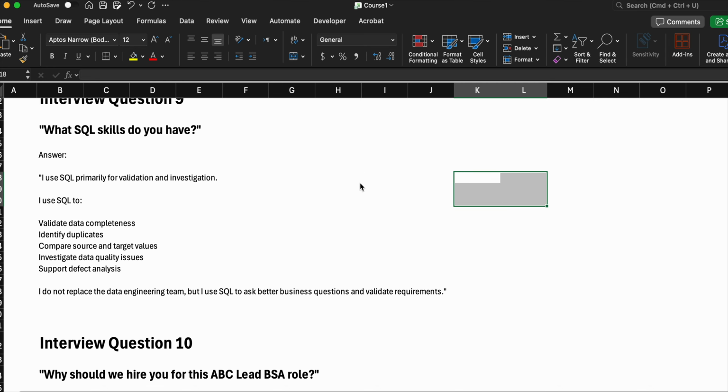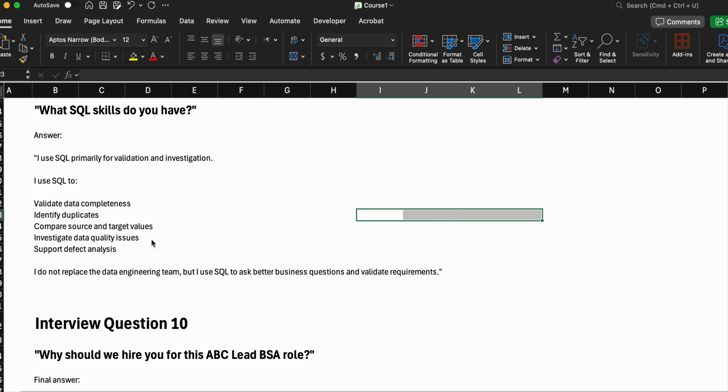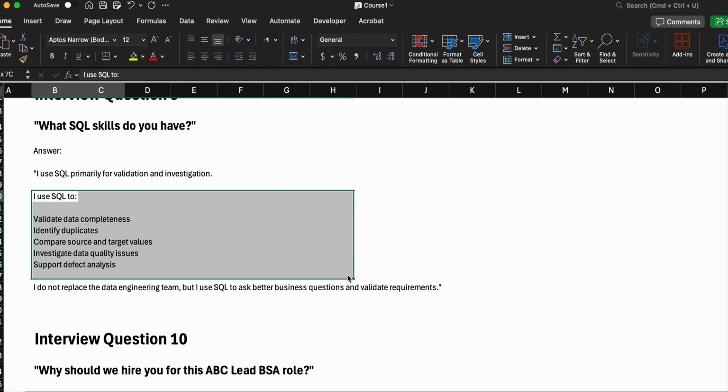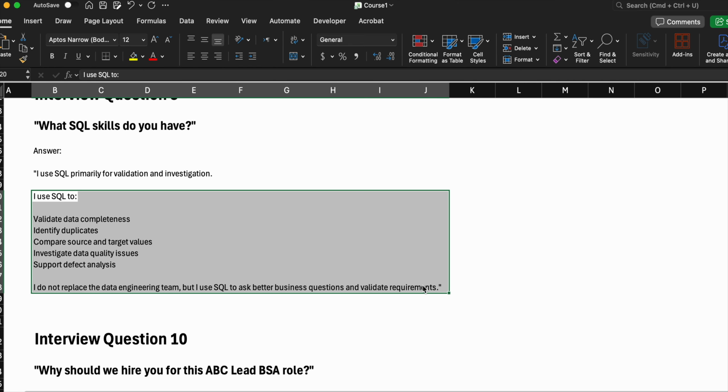We created two tables and joined the loan table and the customer detail table, and we write basic queries. For example: tell me the past due mortgages, or mortgages past due above 90 days. First the table, then we use a where condition and a join condition to filter the data. If you understand that basic, you can answer this question.